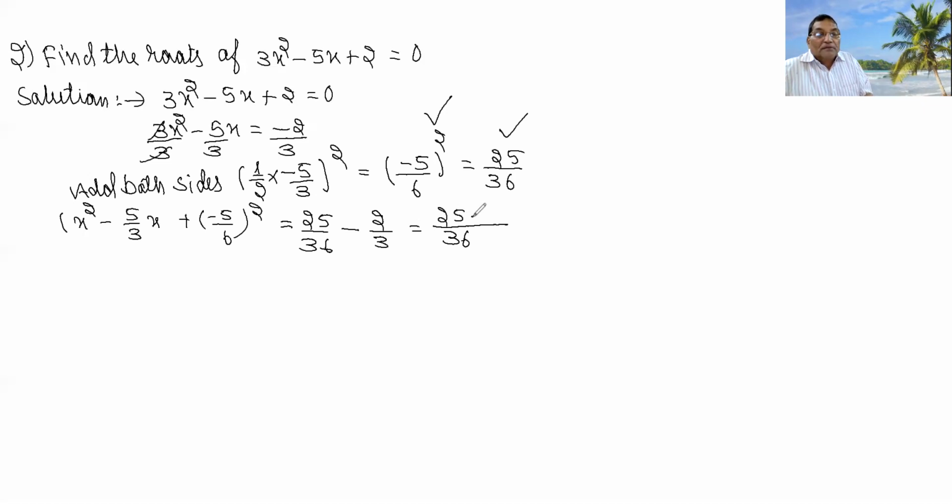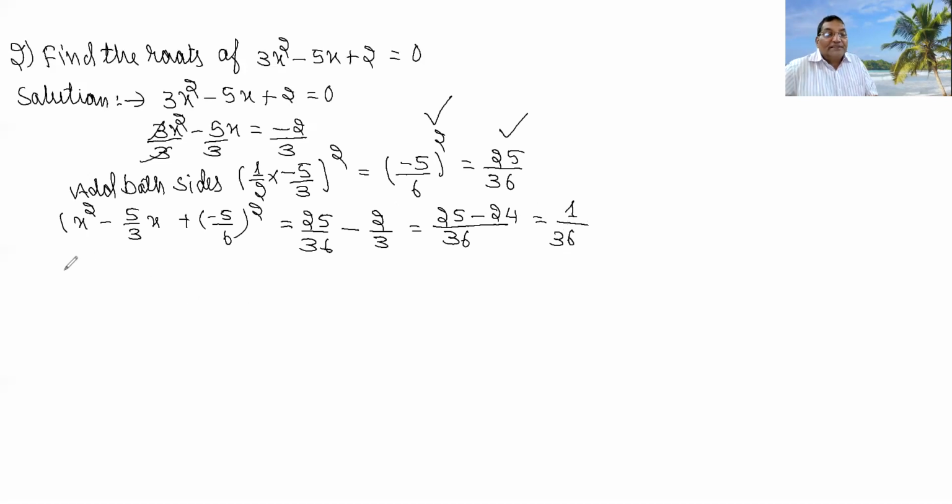Minus 36 upon 3, 12. 12 into 3, 36. 12 into 2, this is 24. And simplify this, 25 minus 24, 1 upon 36.